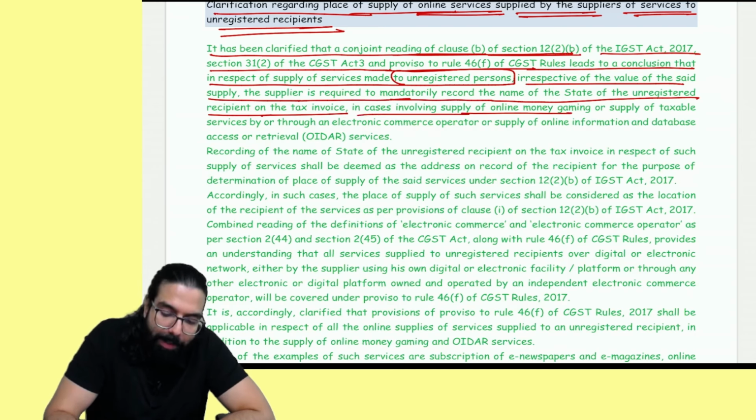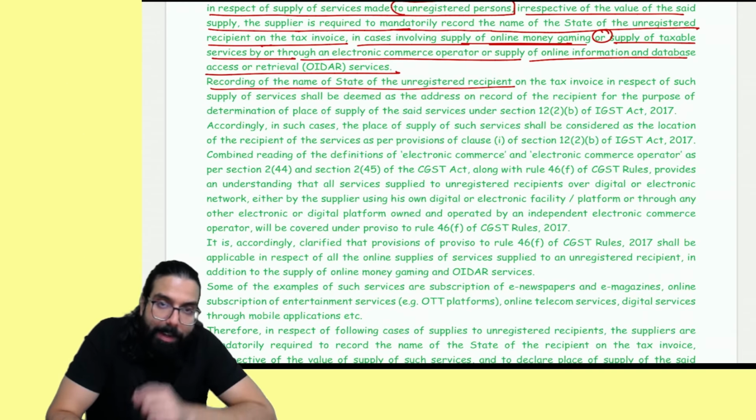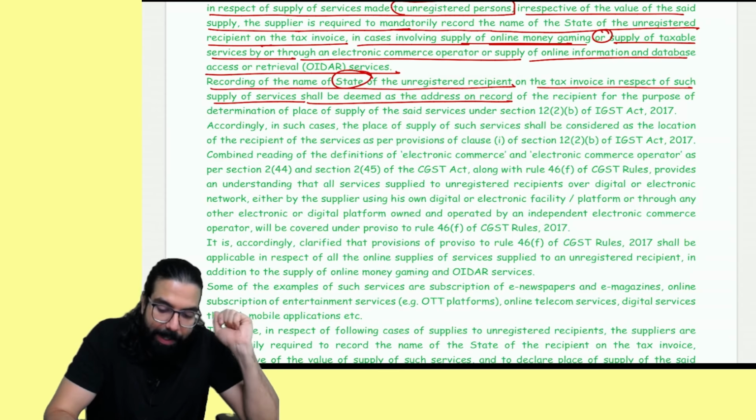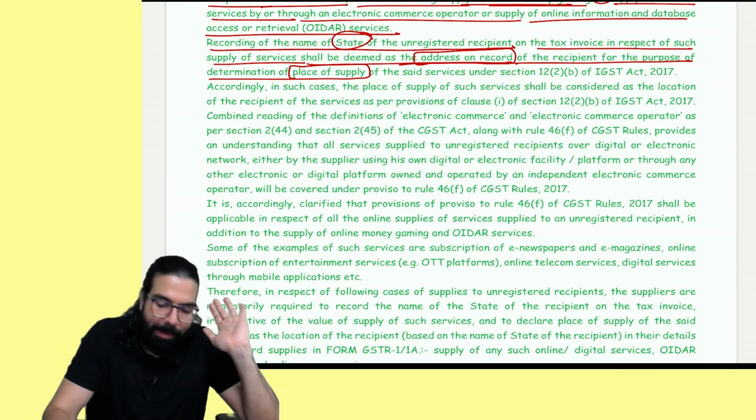In case of online money gaming or supply of taxable services by or through e-commerce or OIDR services, recording the name of the state of the unregistered person on the tax invoice shall be deemed as the address on record of the recipient for the purpose of determination of place of supply.